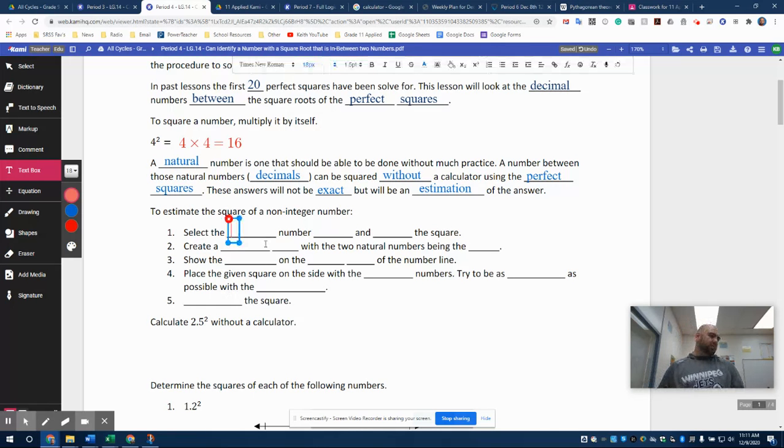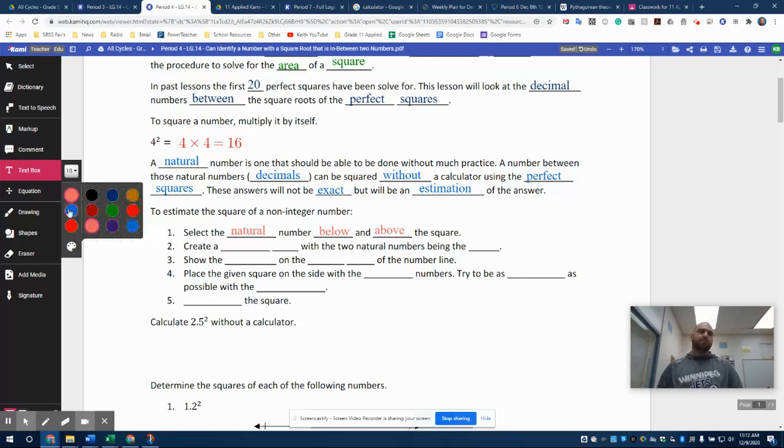First thing that we're going to do, looking at the number that's going to be squared, is select the natural numbers which are below and above it. There will be one right below and one right above that we're going to use.